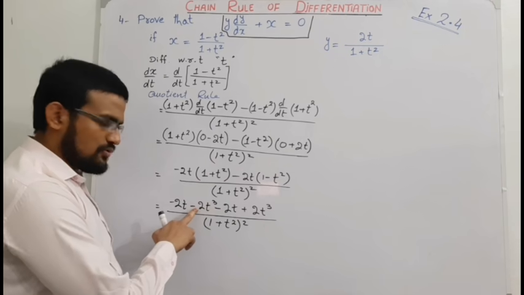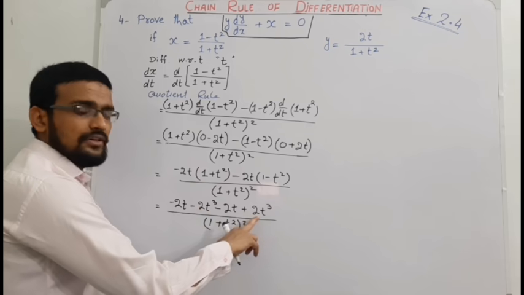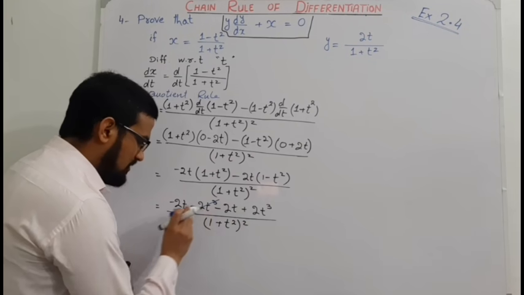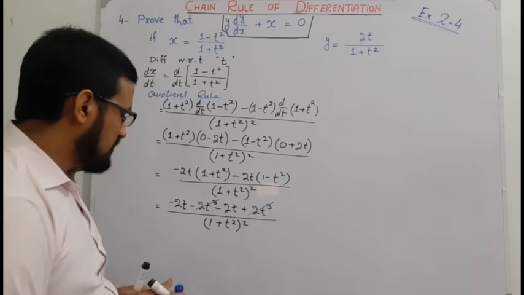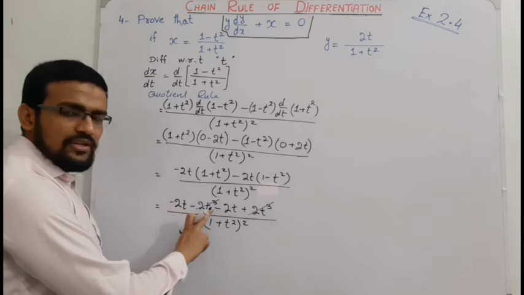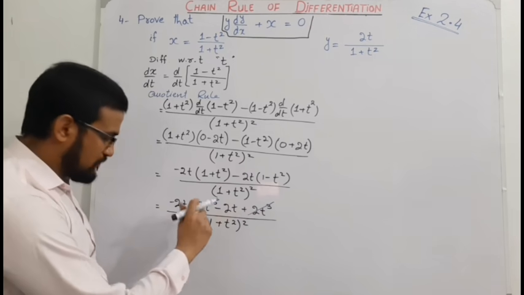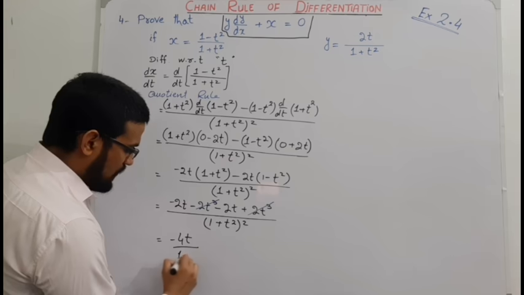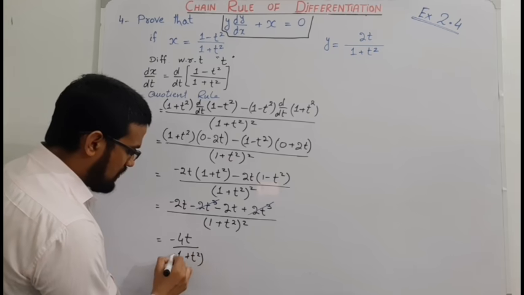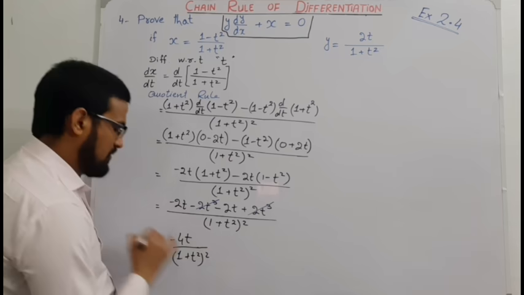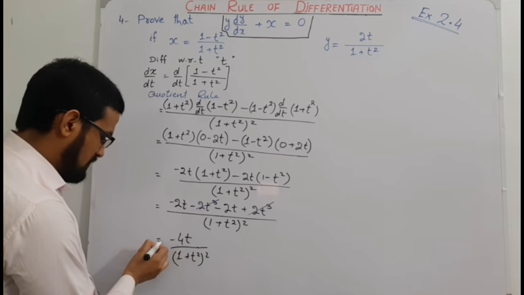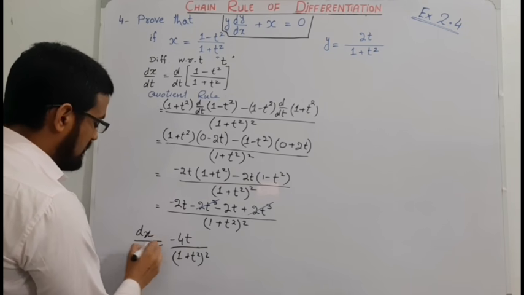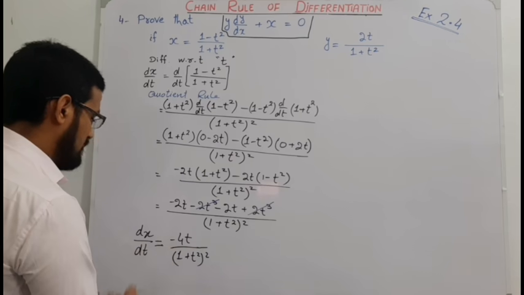Here students, the 2t³ terms with minus and plus cancel with each other. Minus 2t minus 2t gives minus 4t, so the final result is minus 4t over (1 plus t²)². This is the result of dx over dt.